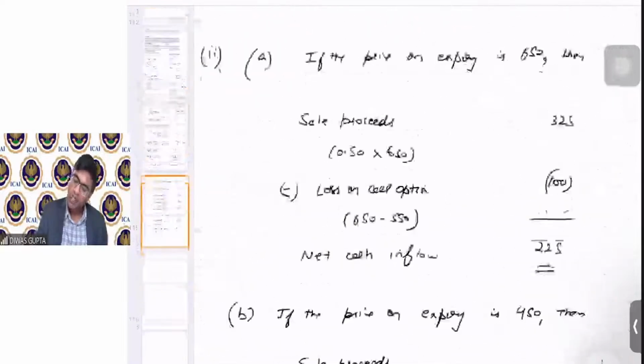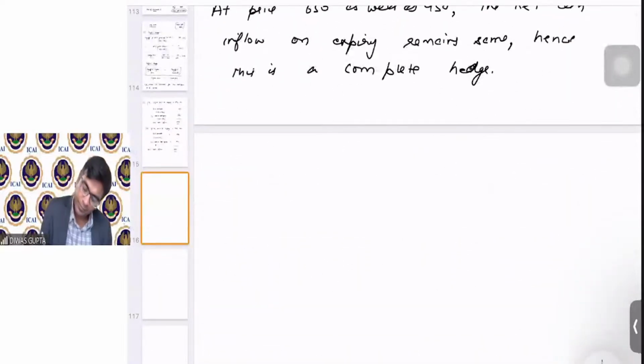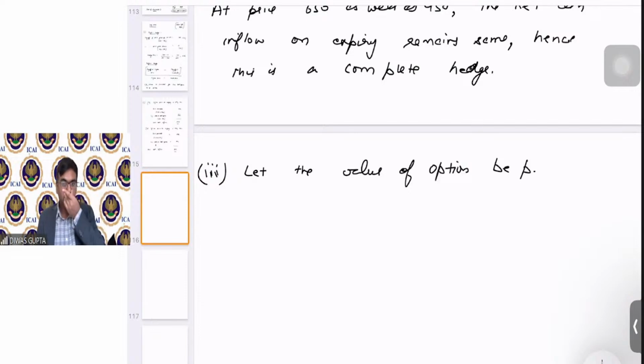So simply we can assume the value of the option to be P. Now, students, we have the closing cash inflow, right? If we have the opening cash outflow and we equate them, then we will be able to arrive at the value of the option.